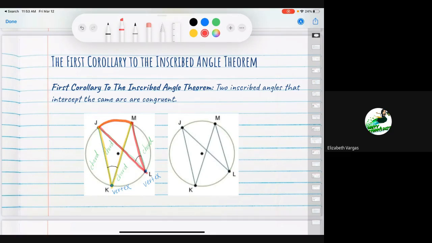And because it has the same arc, those two inscribed angles would be congruent. So, for example, if this is 70, then this would also be 70. So because they share the same arc, and they are both inscribed angles, those two would be equal to each other. What you'll notice is we also have other inscribed angles in this image. Here are our vertexes.